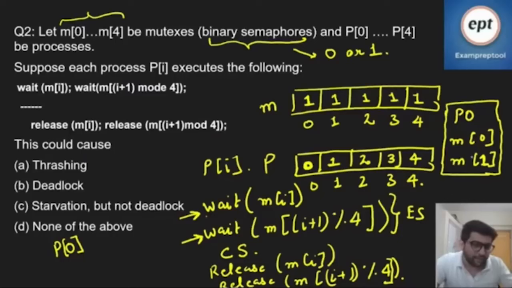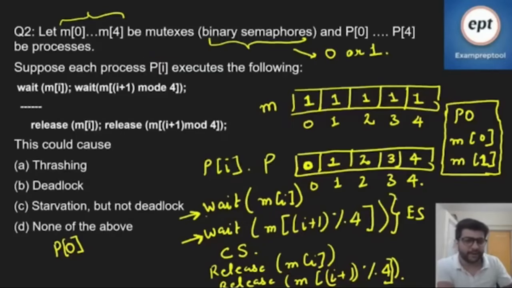We know that the M1 mutex is already locked by the process P1. So we can say that the process P0 is waiting for some resource to be released by the process P1, right?